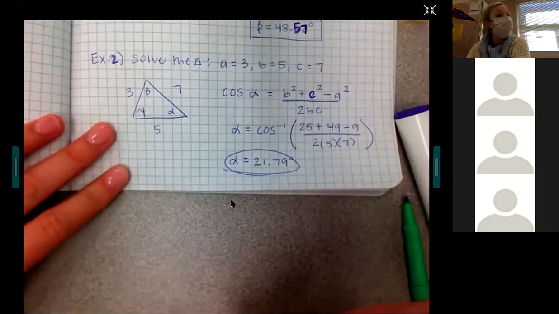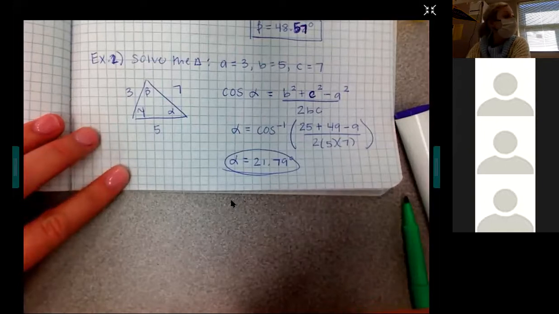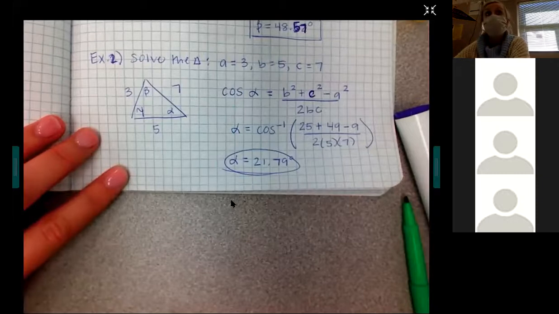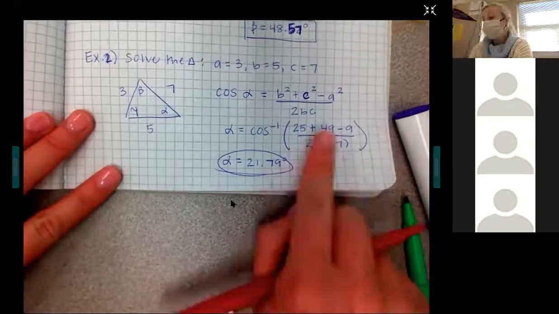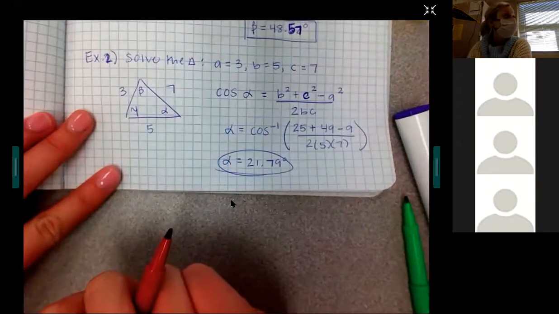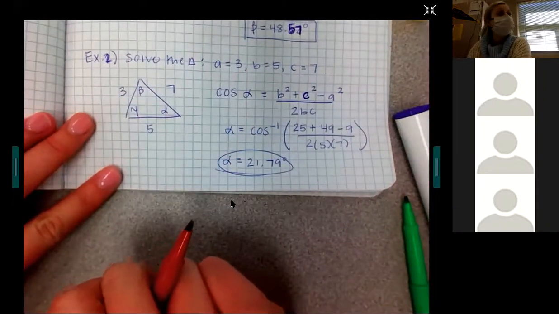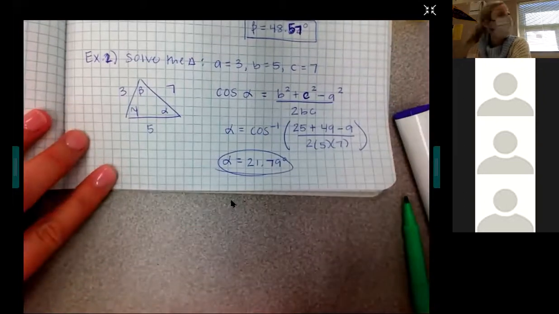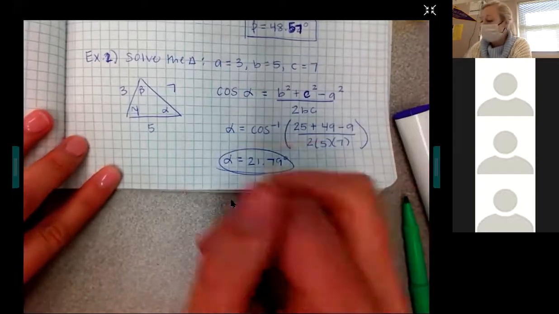From here, did y'all set up a proportion? Okay, let me ask you a question. Do you have to do a proportion? If you like these formulas, couldn't you just use another formula for the other two? Yeah, you could. I think a lot of you aren't fond of the formula, so you probably did a proportion. That's fine too. But you could do it either way. I'll do a proportion.